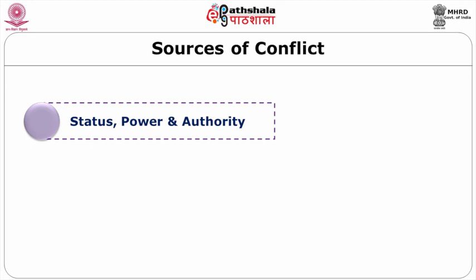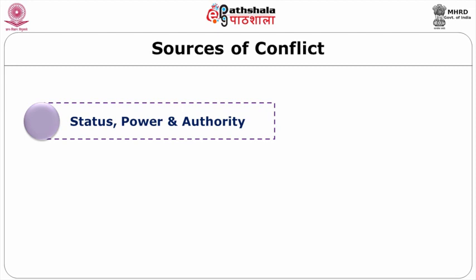Status, power and authority can also be one of the sources of conflict. Generally in a society, there are people of different status. There is a hierarchy in the status, there is a hierarchy in the power. So when there is a hierarchy, the superior feels that he or she is a great person, and the inferior feels that I am lower than that particular person.